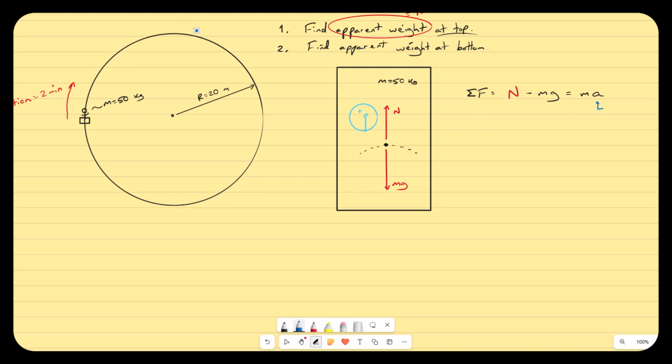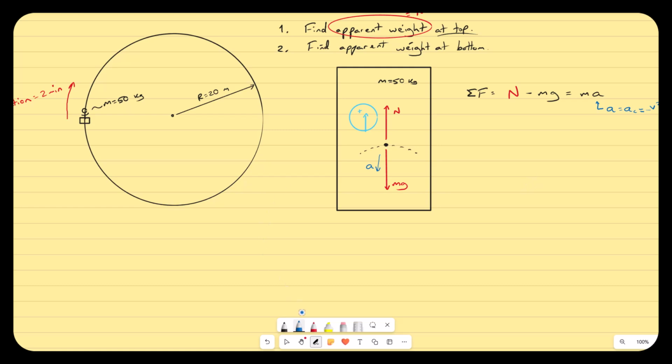I'm moving in a circle, and if I'm moving in a circle, my acceleration is going to be centripetal acceleration, with a magnitude of v squared over r. What's more, it points toward the center of the circle. The center of the circle, in this case, is below me, which means this has to be a negative v squared over r.